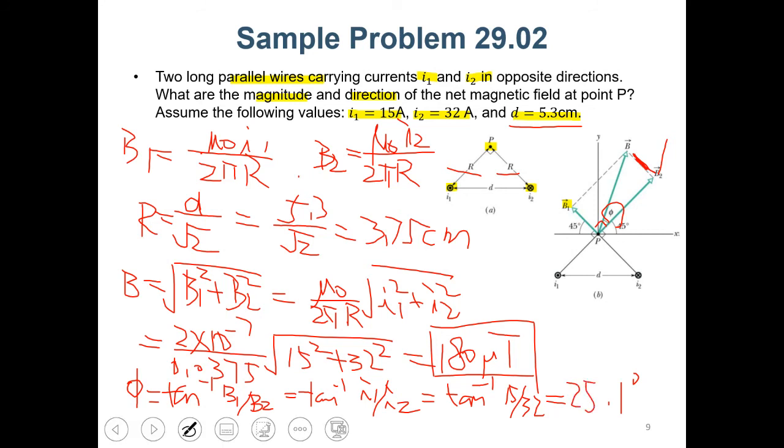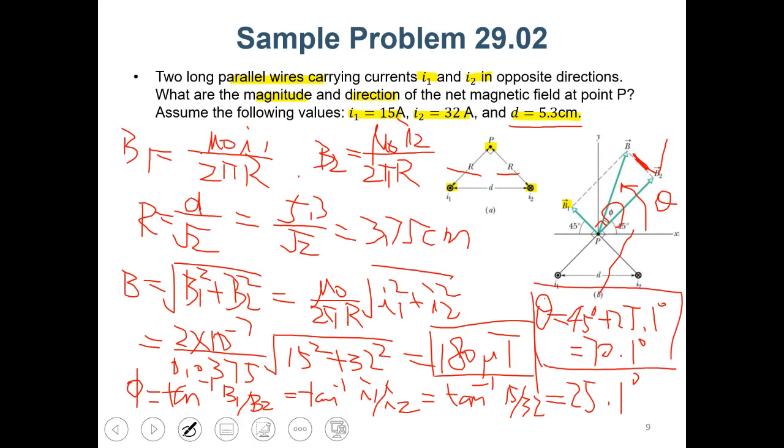So if you consider the angle from the x-axis to here, it will be 45 degrees plus 25.1 degrees, which will actually be 70.1 degrees. So this is what we call theta. Any questions?